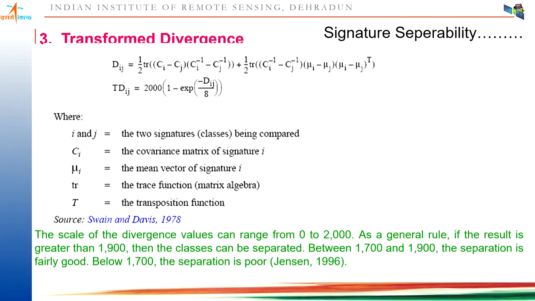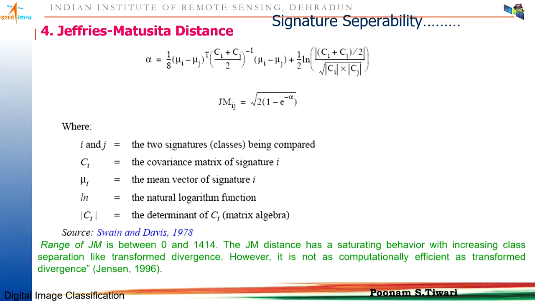Now the scale of divergence value ranges from 0 to 2000 as a general rule of thumb. If the value for divergence and transform divergence is more than 1900, then the signatures are well separable. If it is 1700 to 1900, the separation is fairly good, whereas less than 1700 indicates a very poor separation between the signatures.